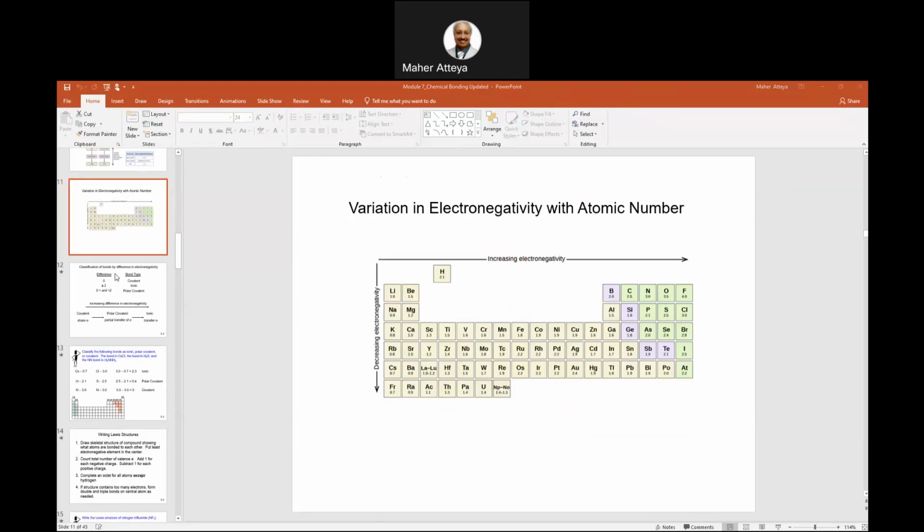So electron affinity and electronegativity, from left to right within a period on the periodic table, this is an increase. Okay, guys, this is an increase.